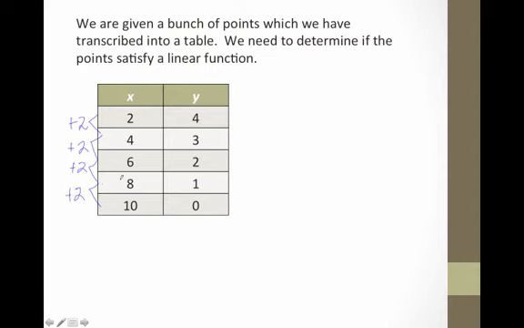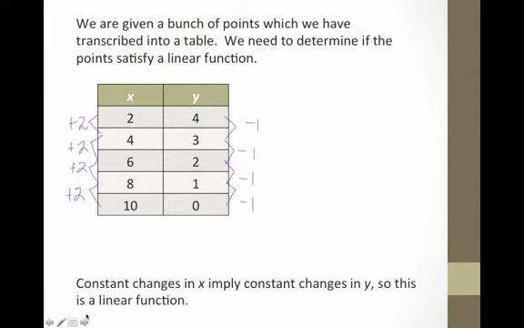So my change in x is constant. My change in y is also constant. So the fact that I have a constant change in x and a constant change in y means I have a linear function.